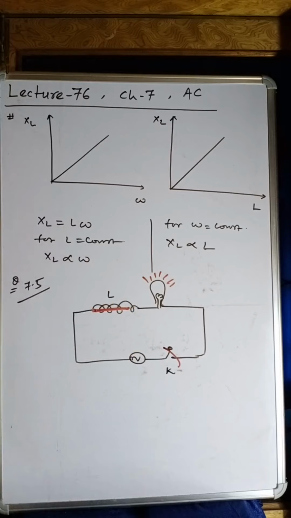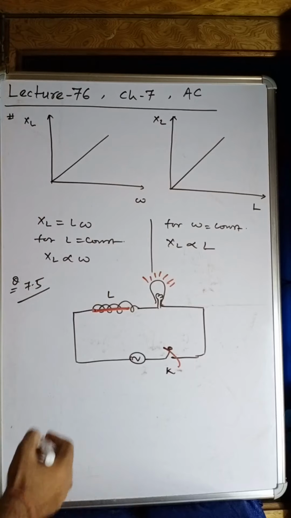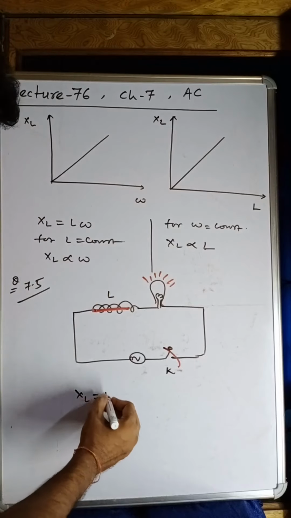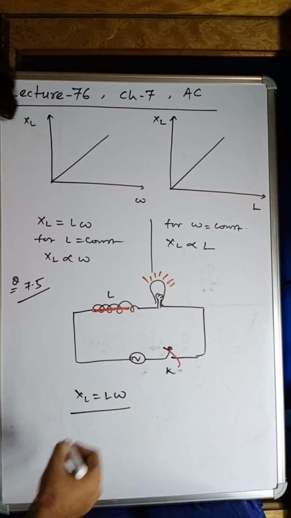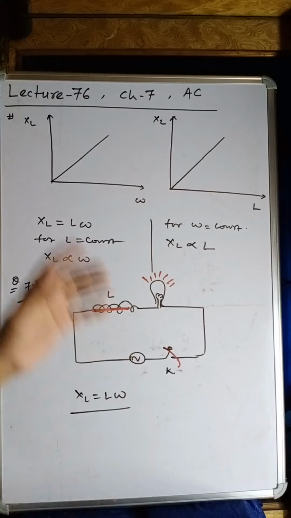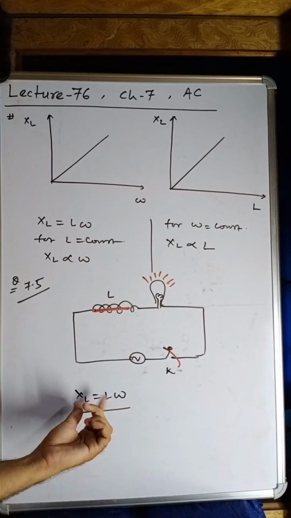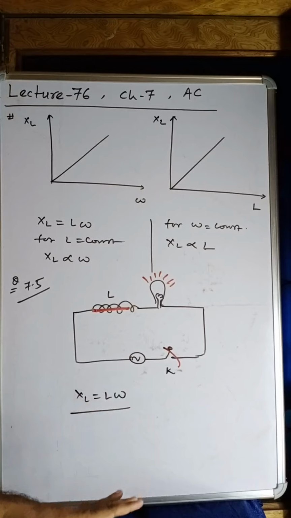And the answer is, my dear students, we know that the inductive reactance, we used to write XL, it is L omega. Okay, XL, L omega. If it will increase, the voltage across the inductor will increase, no doubt.